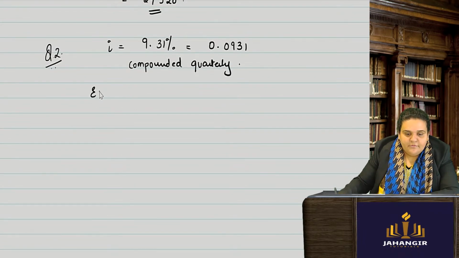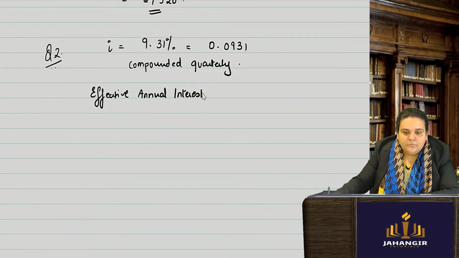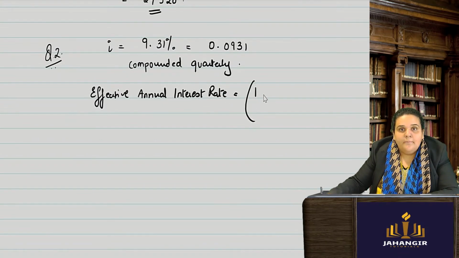Now the effective annual interest rate will be equal to (1 plus the interest rate upon n) raised to n, minus 1. Compounded quarterly means n is equal to 4.